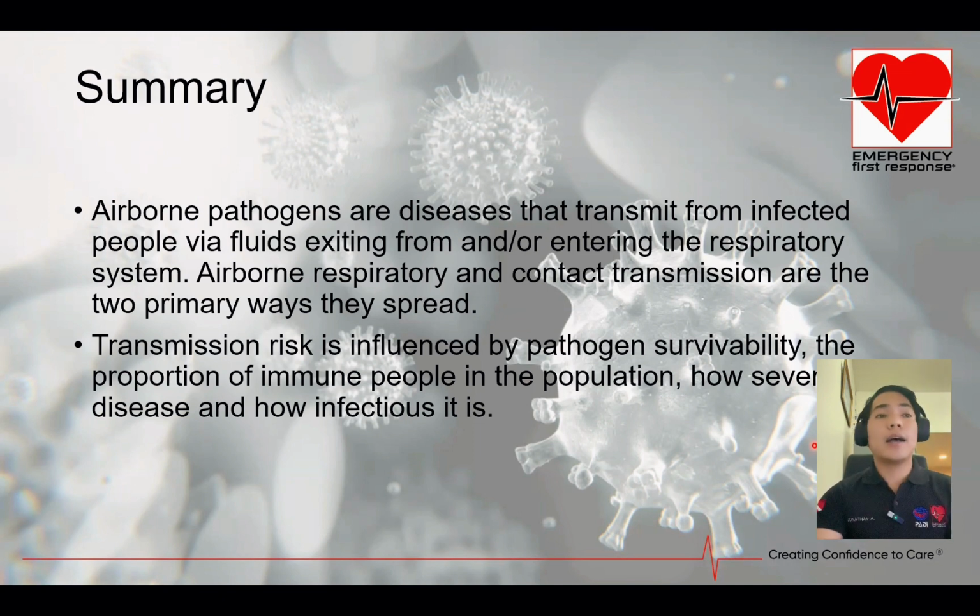So again, airborne respiratory and contact transmission are the two primary ways they will spread. Transmission risk is influenced by pathogens, remember the four main factors: survivability, the proportion of immune people in the population, how severe the disease is, and how infectious it is.